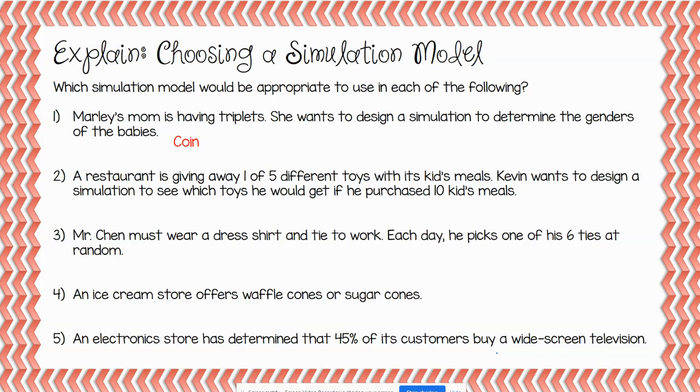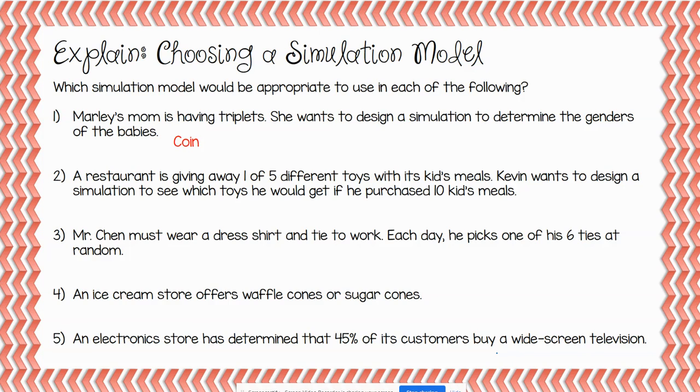Number two says a restaurant is giving away one of 5 different toys with its kids' meals. Kevin wants to design a simulation to see which toys he would get if he purchased 10 kids' meals. Well, when we look at this, we know that there are 5 toys. So, since there are 5 toys, and if I look at my different simulation models, I have spinners, dice, coins, cards, and number assignments.